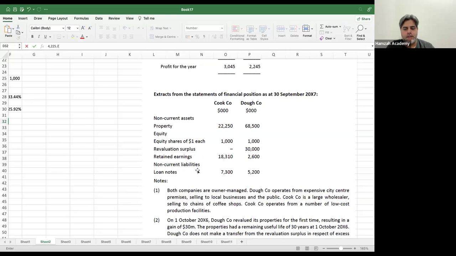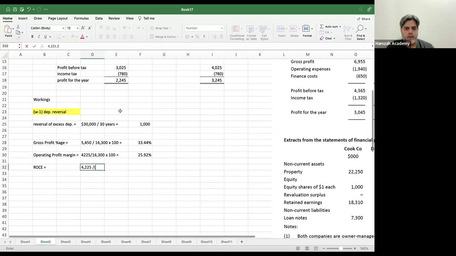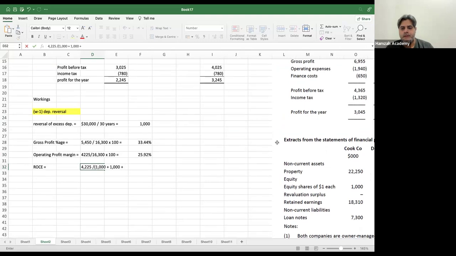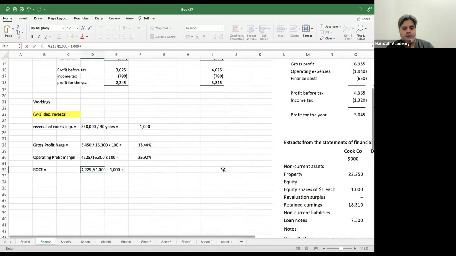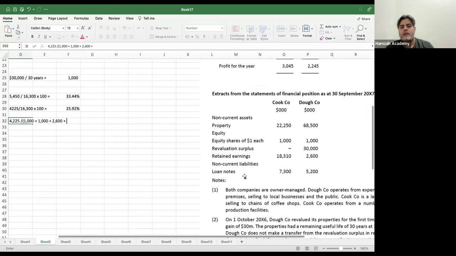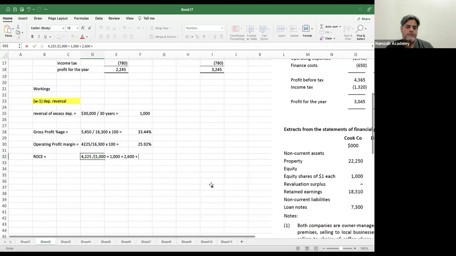So basically, our profit has increased by 1,000 as well, right? So this is going to be the 1,000 profit increase plus 1,000 shares plus revaluation, retained earnings are 2,600 at the moment. And then plus the debt. Loan notes are 5,200 over here.